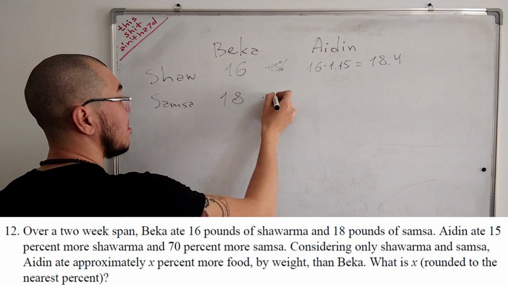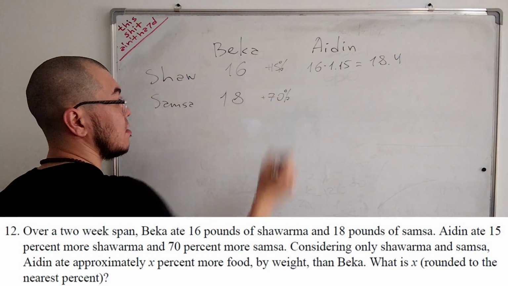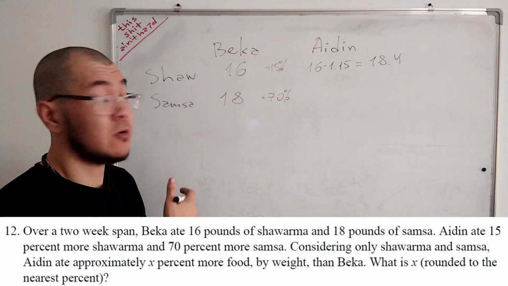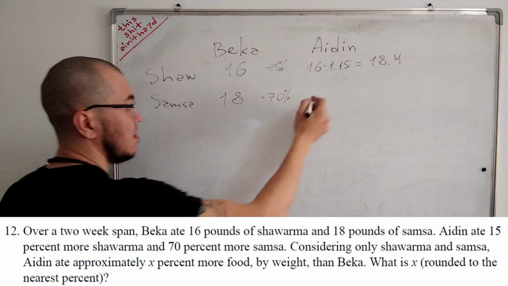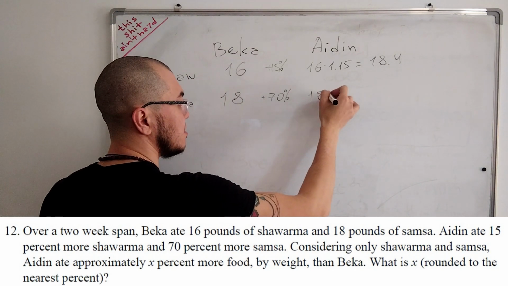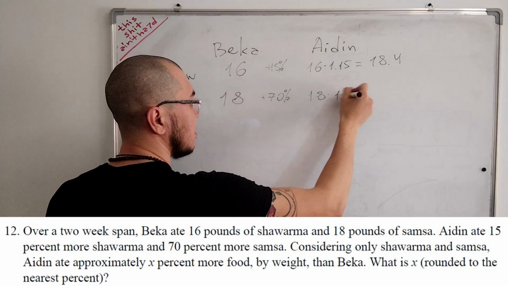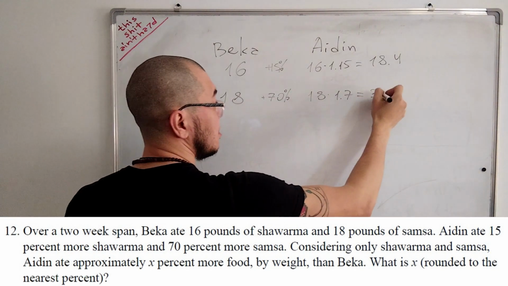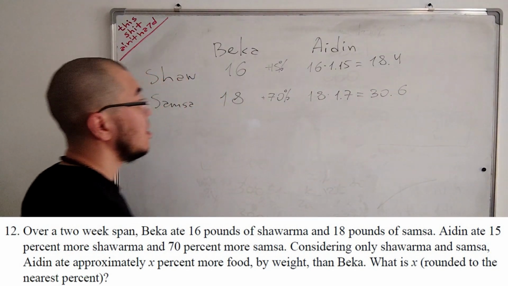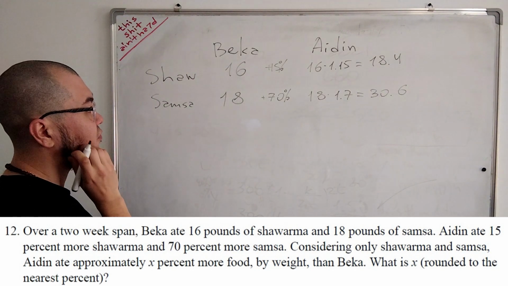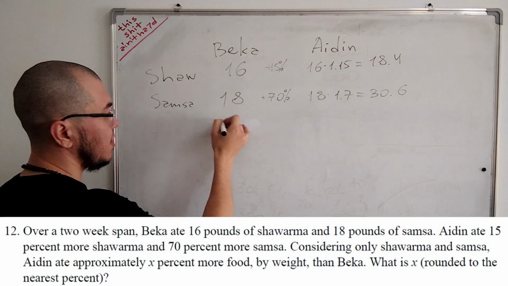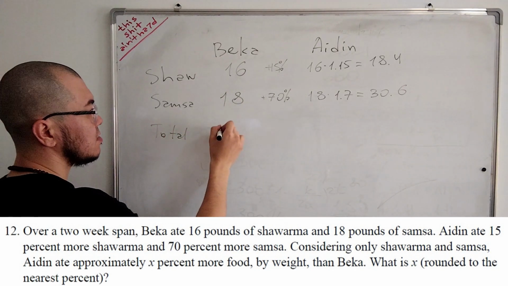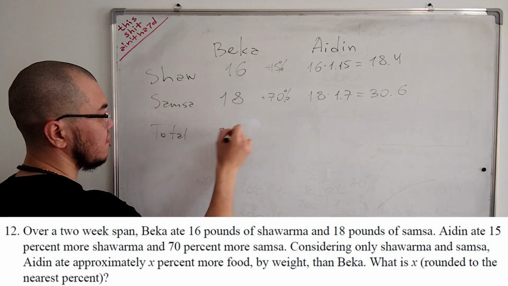And plus 70% when we're talking about samsa. So 18 times 1.7 is equal to 30.6. The total amount of food Becca ate is equal to 34.